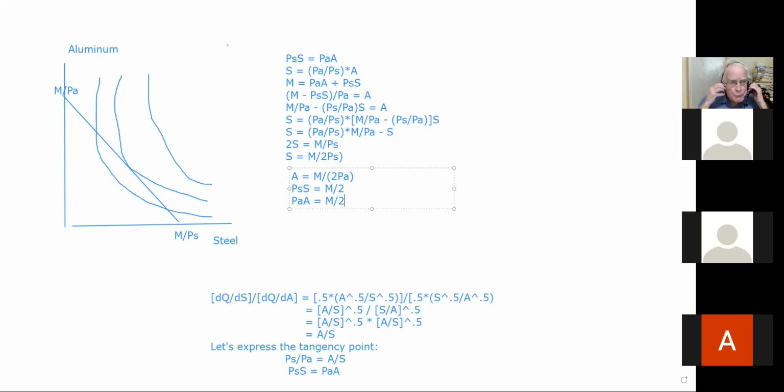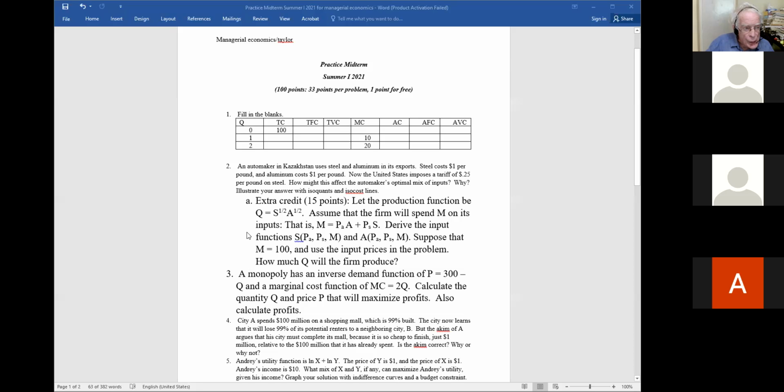And I believe that that is the answer for the extra credit problem. Yes, that's it. So the final question is to calculate the number of automobiles that they will be producing, given that M is 100, and that the price of aluminum and the price of steel are 1.